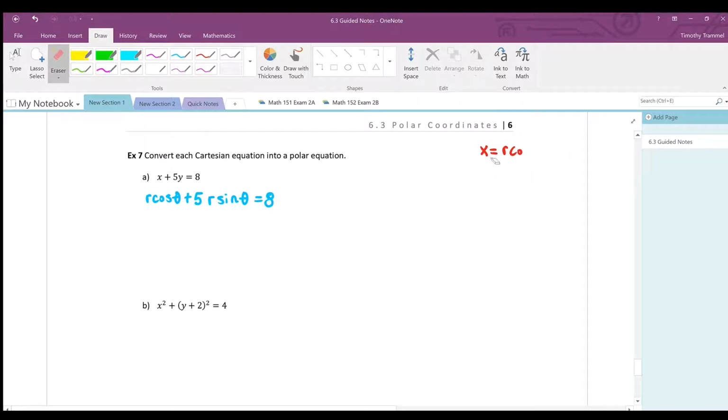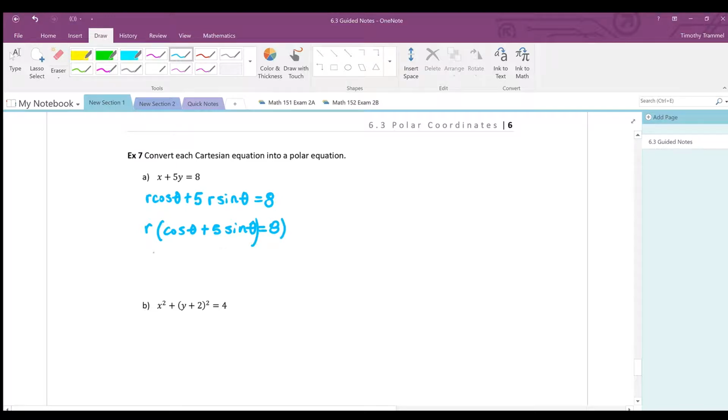And when we're in polar coordinates, we prefer to have the equation r equals, just like in Cartesian coordinates, we prefer it to be y equals, right? So in order to make this one r equals, we're going to factor an r out of that left-hand side. And so that's going to look like r times (cosine of theta plus 5 sine of theta) is equal to 8.